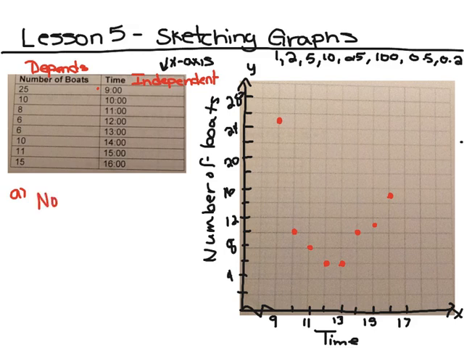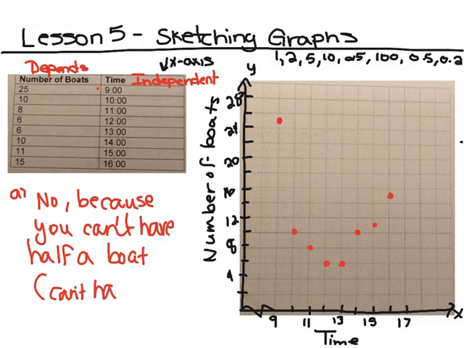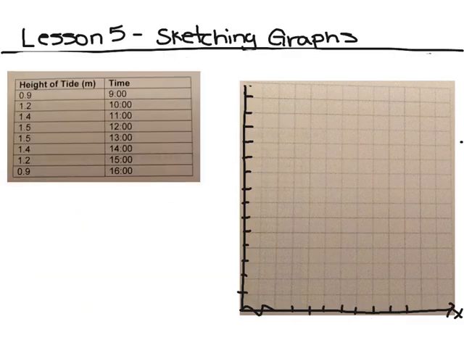So no, because you can't have half a boat. A good way to remember it is whether you can have a decimal. Can't have a decimal. Good.